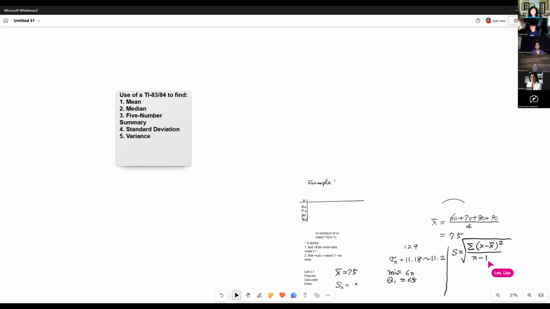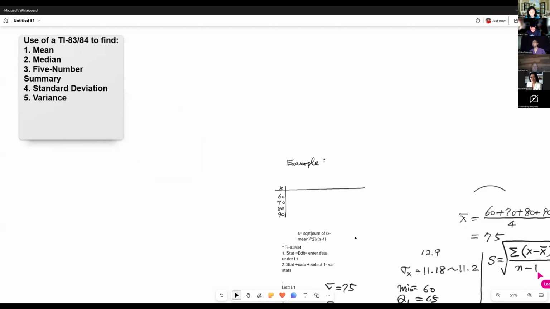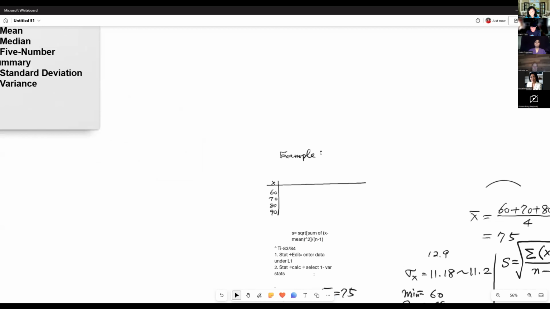So just follow the steps I showed you earlier. That's all, only two steps. First, input the data. Second, hit stat again, then move to calc because we need the calculation. Then select number 1, one-variable stats. So far for chapter 2, we only use number 1, and later we may use number 2 and something else.